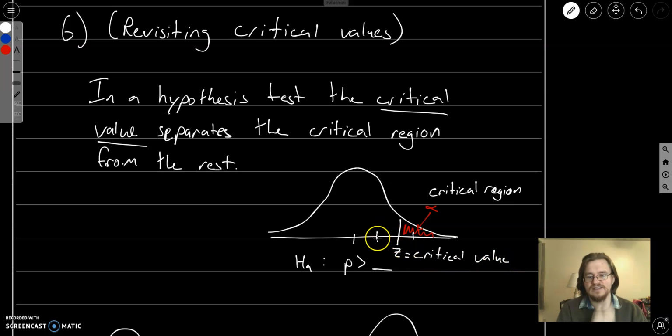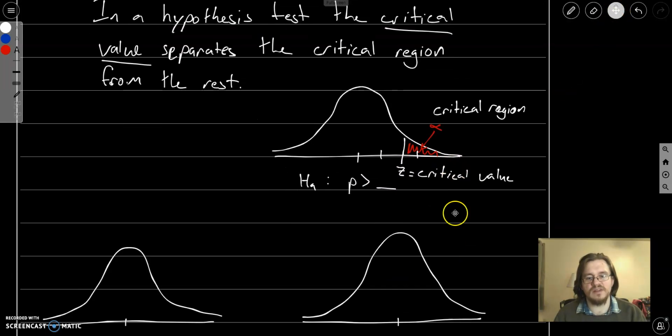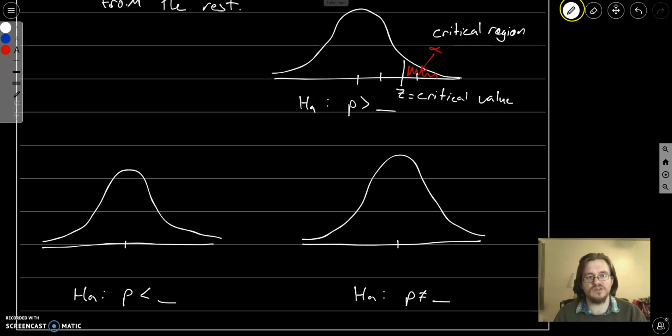And our test statistic will either fall to the left of this value or to the right, inside of the critical region. Now, this particular graph would be used for when the alternative hypothesis is looking at a proportion that's greater than some number. But we could be looking at a situation where the proportion is less than some number.